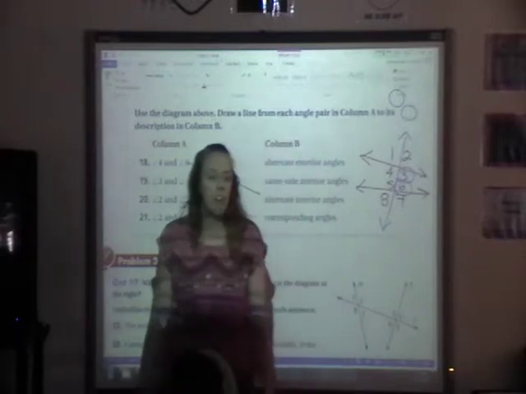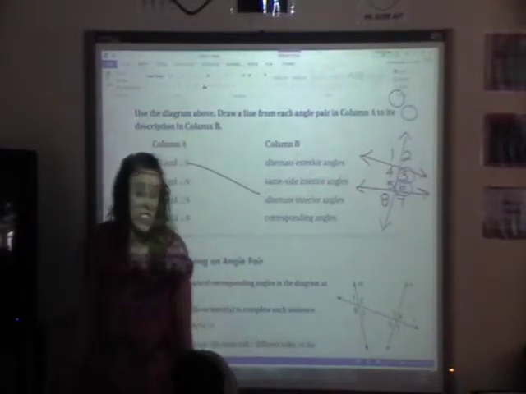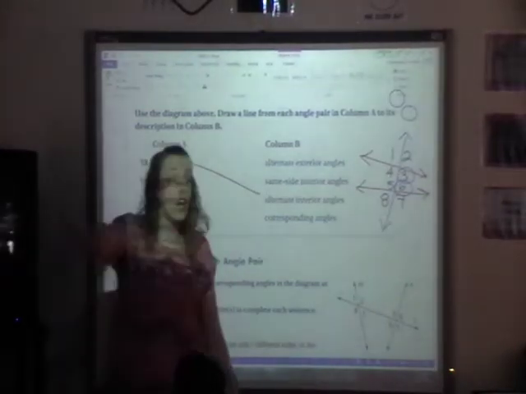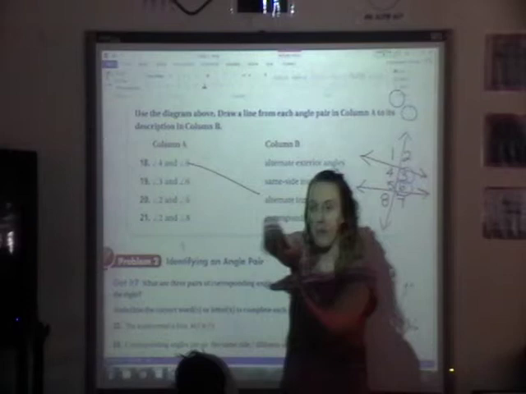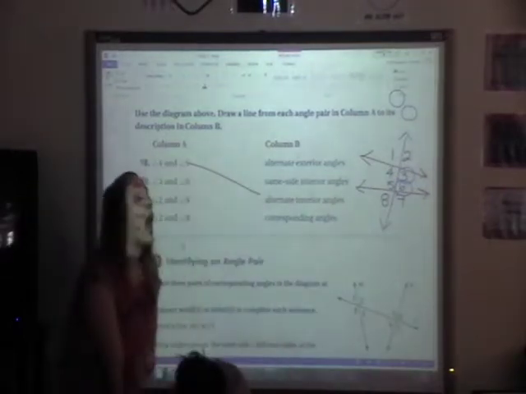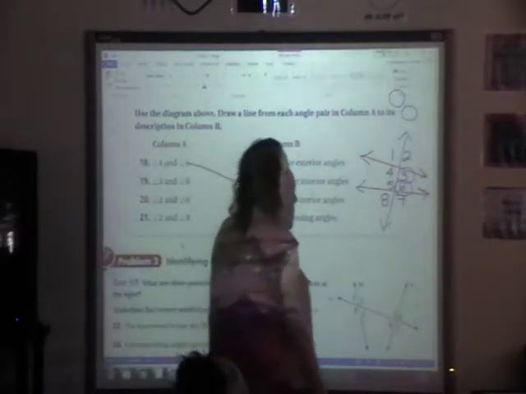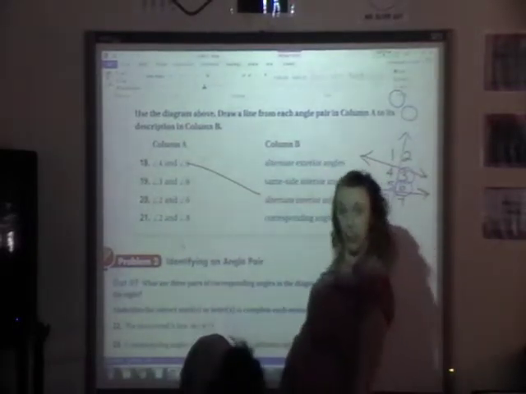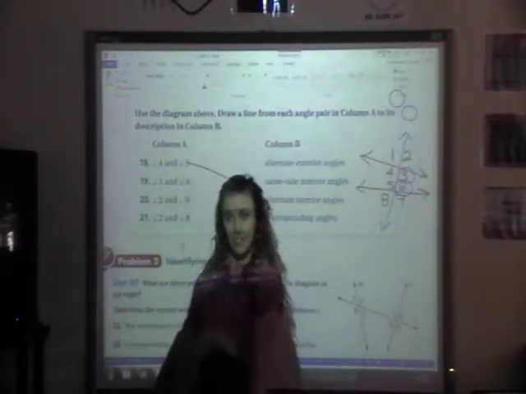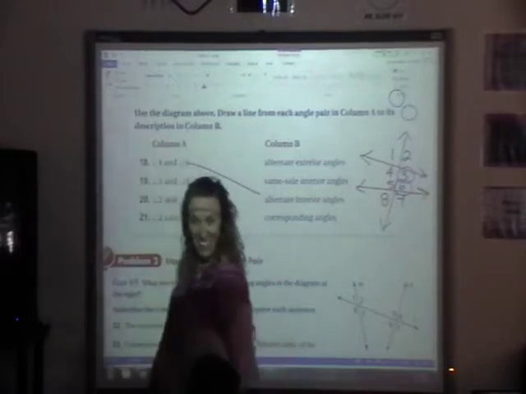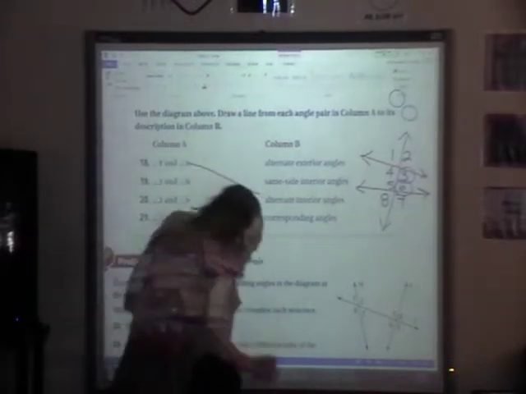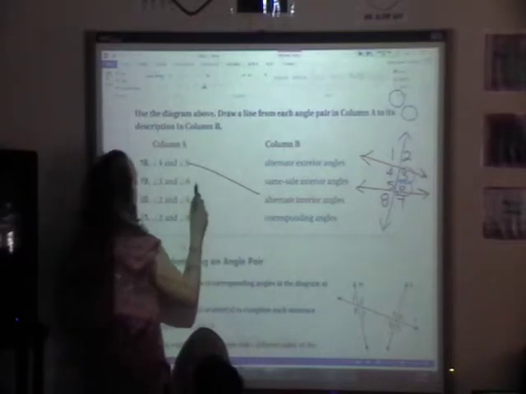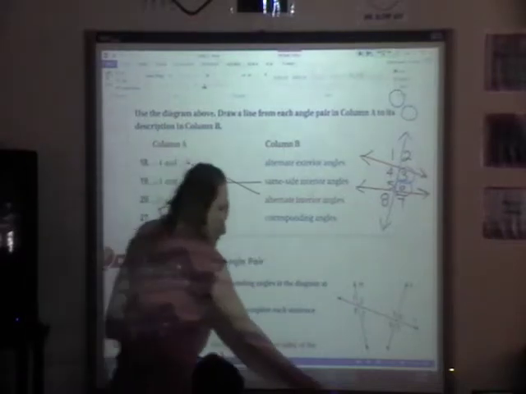I need more than they're the same side of the interior. Interior is just inside. So interior, I agree, they're in between. Same side of what? The transversal. They're both together. So our relationship between 3 and 6 is they are same side interior.